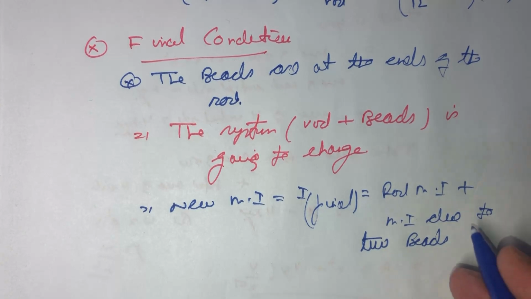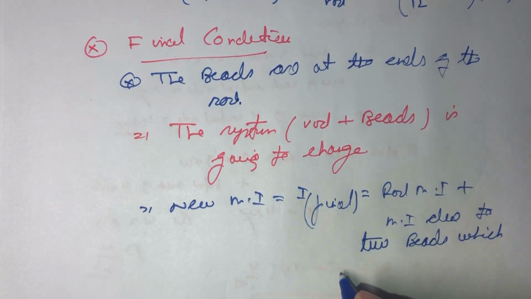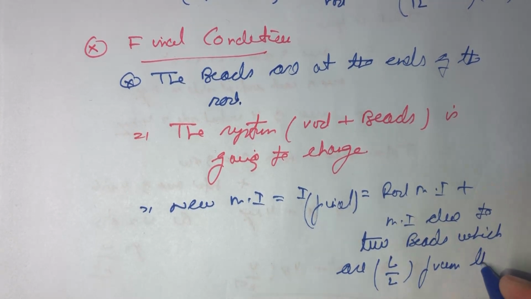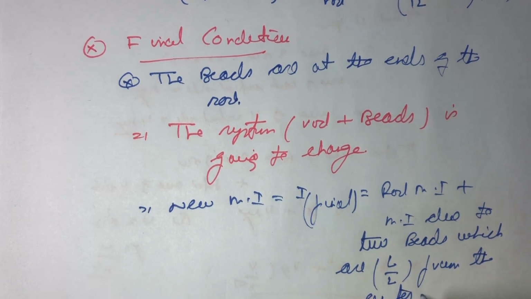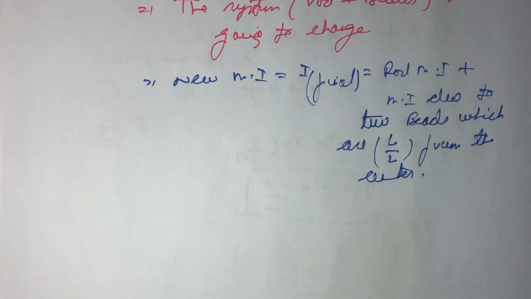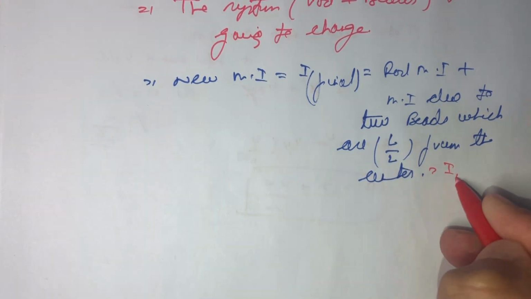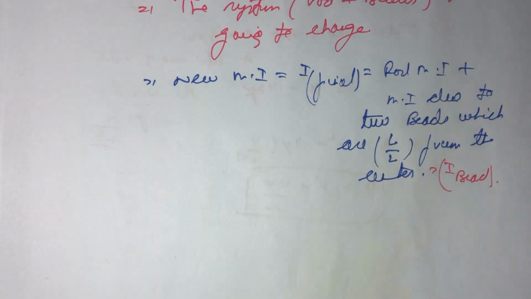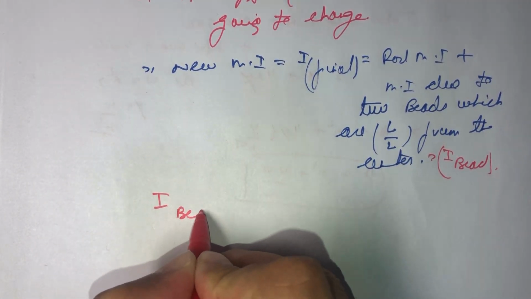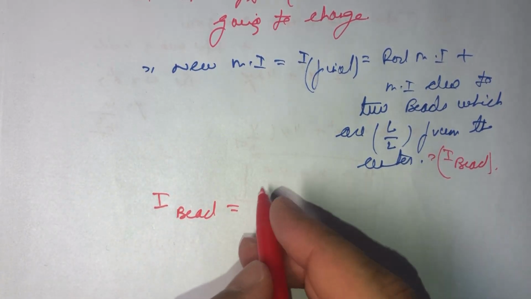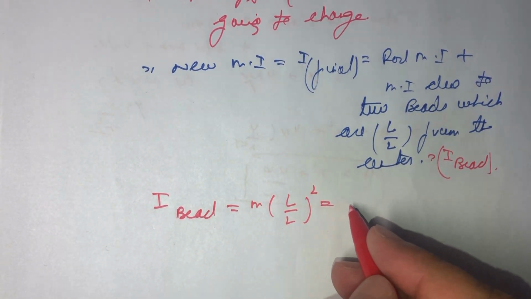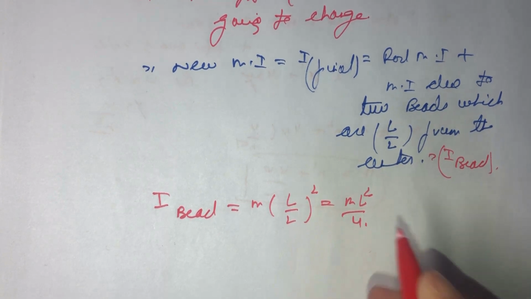Moment of inertia due to a bead which is L/2 from the center, let us call this I bead, will be equal to m times L/2 whole square. So this will be mL square by 4.